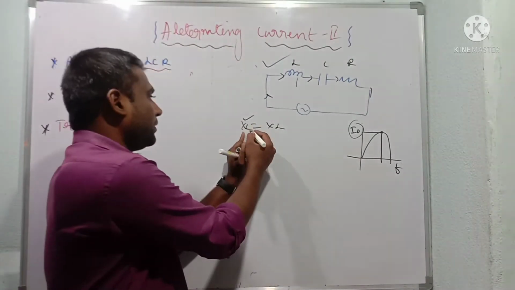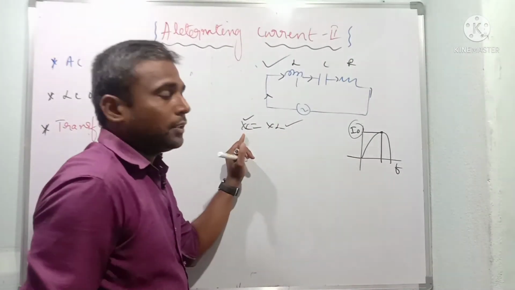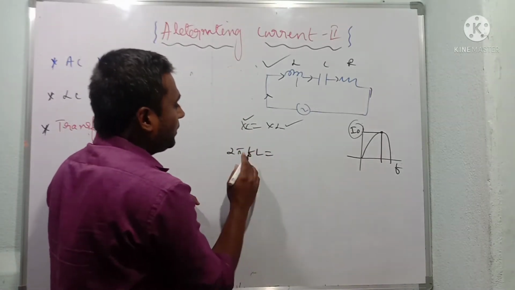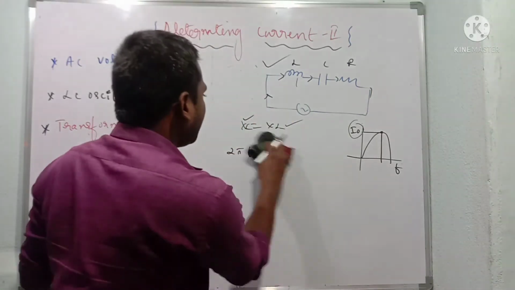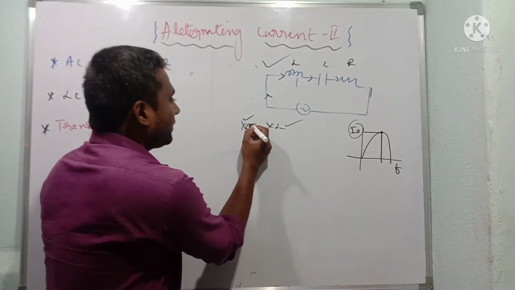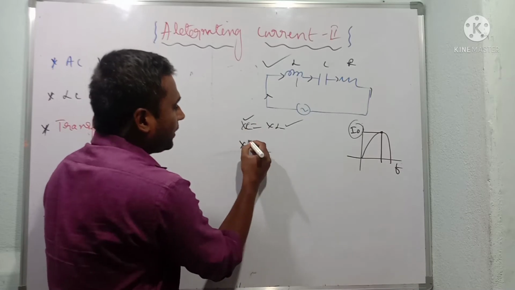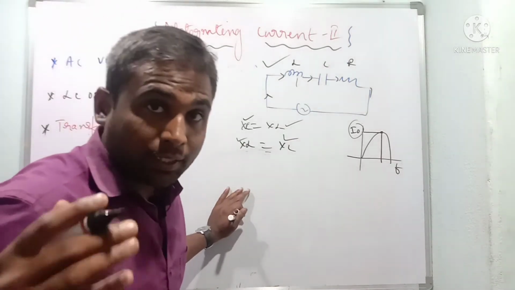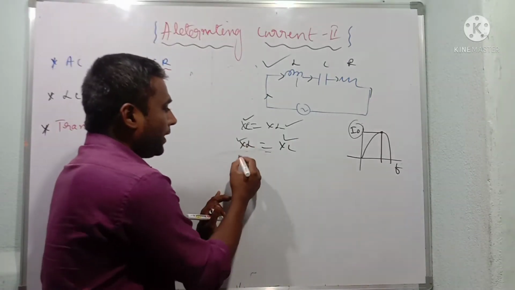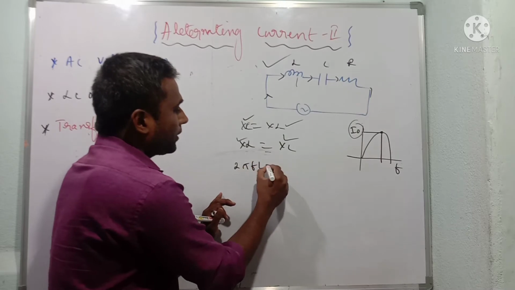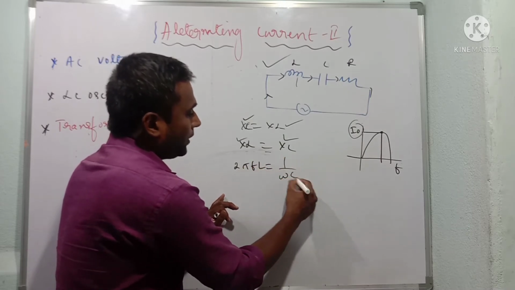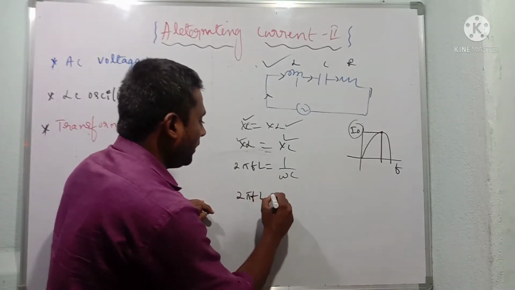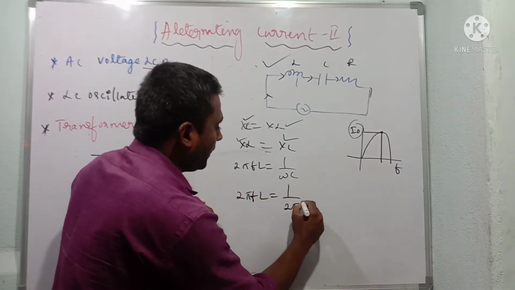So XL is 2 pi FL directly, and XC is 1 over omega C. Omega means 2 pi F. It becomes 2 pi FL is equal to 1 over 2 pi FC.